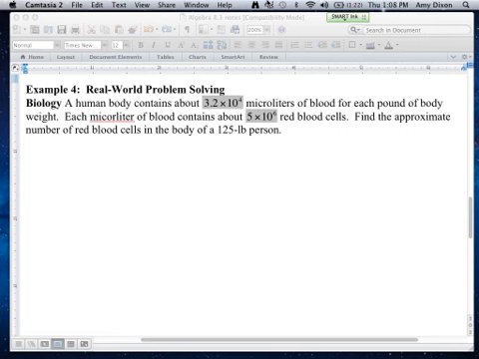Anybody have any idea what we do with these numbers? Every pound of body weight has this 3.2 times 10 to the 4th microliters. So what could I do with those two numbers if I wanted to find out how many microliters were in the entire body? Multiply, wouldn't we? So if we take 125 pounds and multiply it by 3.2 times 10 to the 4th, that's going to give us how many microliters of blood are in that particular body.